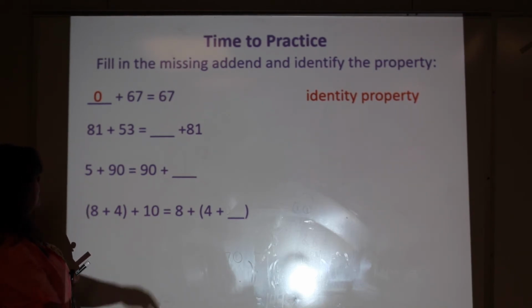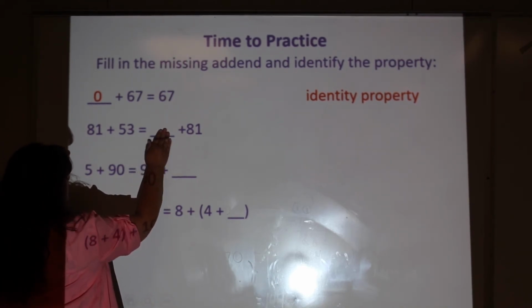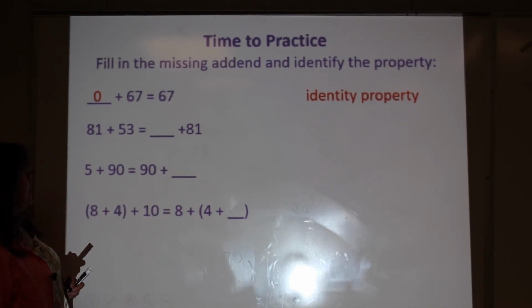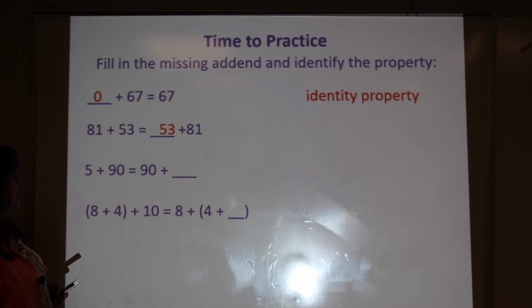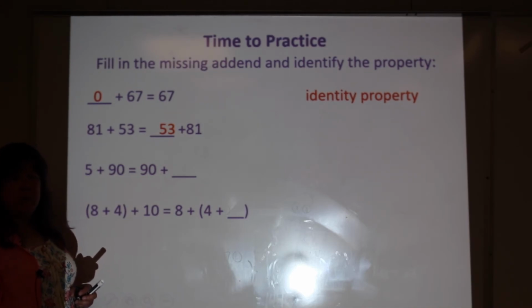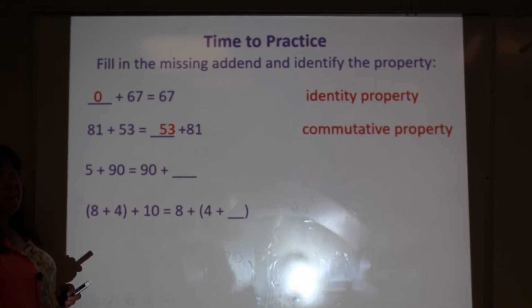So now I have 81 plus 53. It equals some number plus 81. What goes in there? 53. So what did I do here? Was this the identity property, commutative property, or was it the associative property? Commutative, yes.